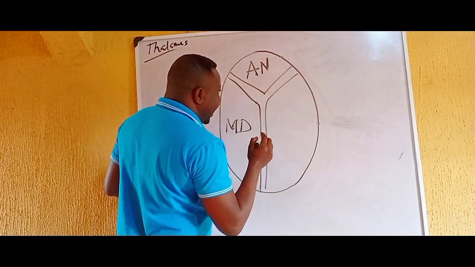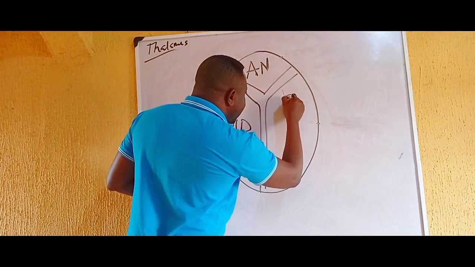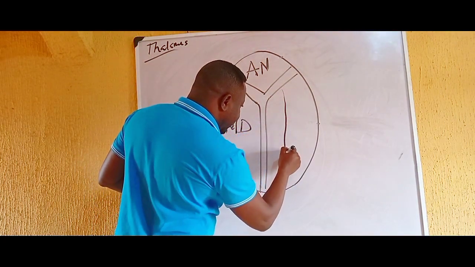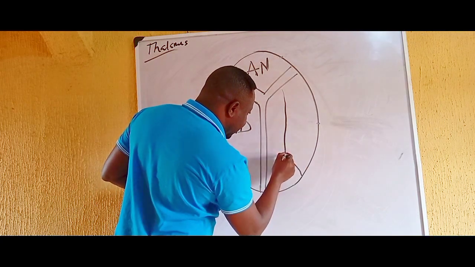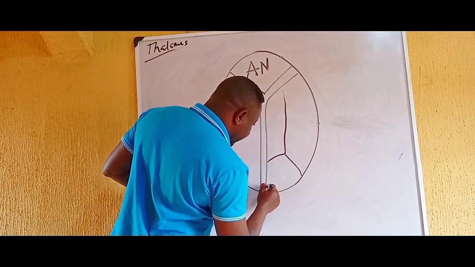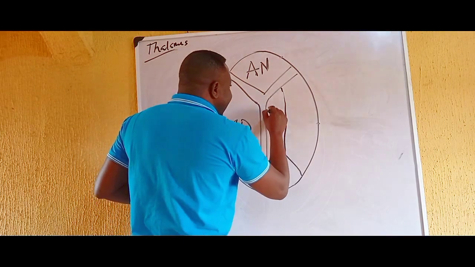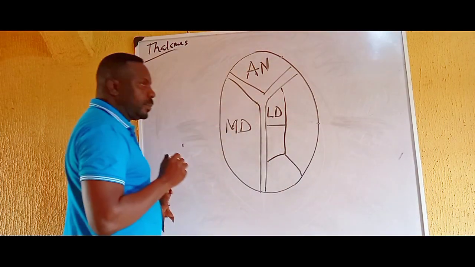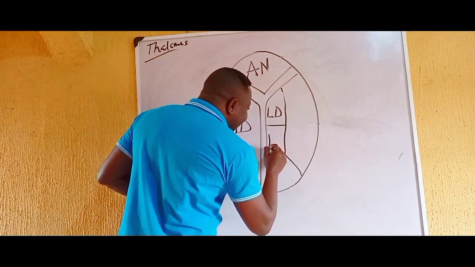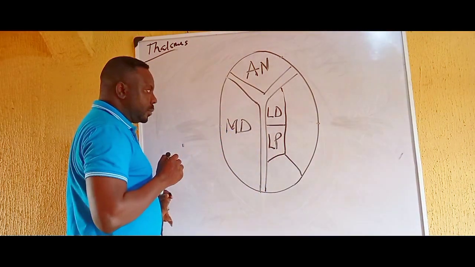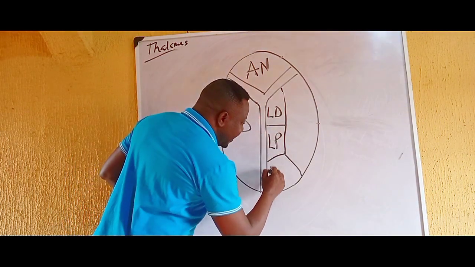Now, let me draw the dorsal tier. The dorsal tier contains the lateral dorsal nucleus and the lateral posterior nucleus. And also we have the pulvinar.